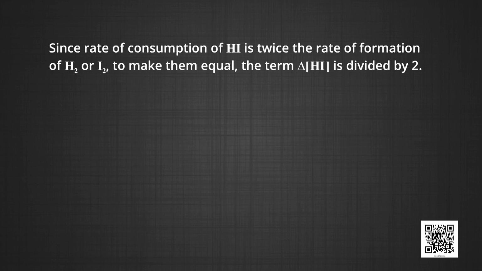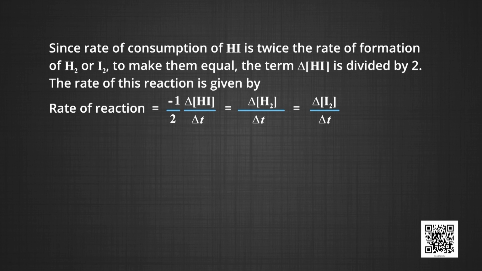Since the rate of consumption of hydrogen iodide is twice the rate of formation of hydrogen or iodine, to make them equal, the term delta molar concentration of HI is divided by 2. The rate of this reaction is given by: rate of reaction equals minus 1 by 2 delta HI by delta T equals delta H2 by delta T equals delta I2 by delta T.